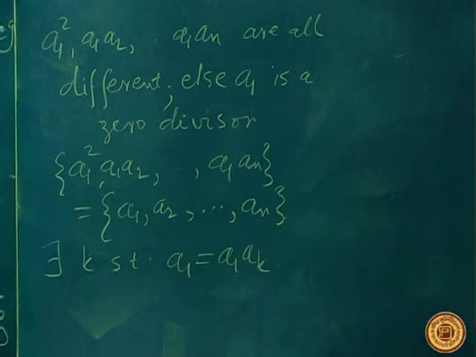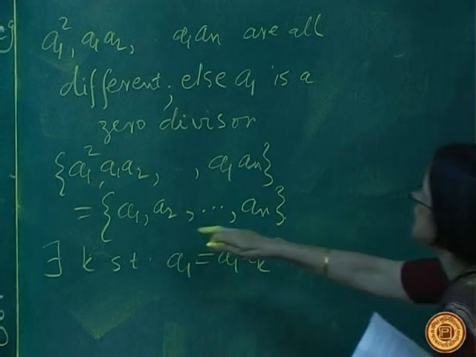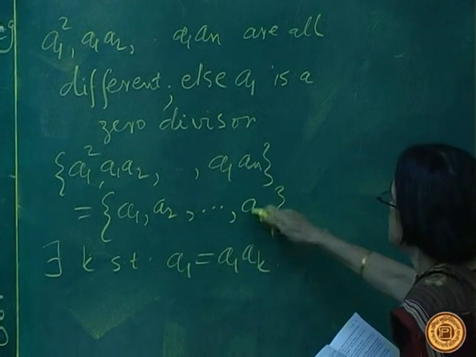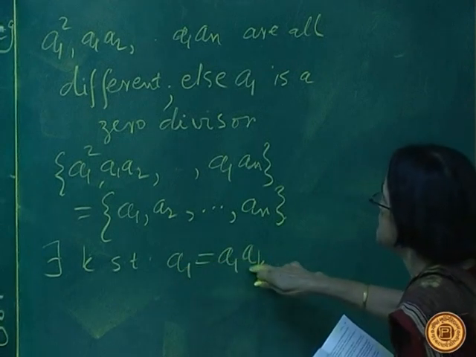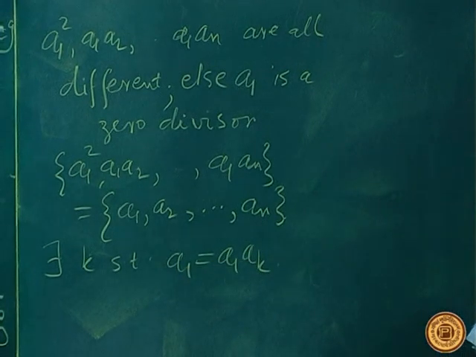How do we show it now? I want to check that for any other element A2, A3, AK works as a multiplicative identity.